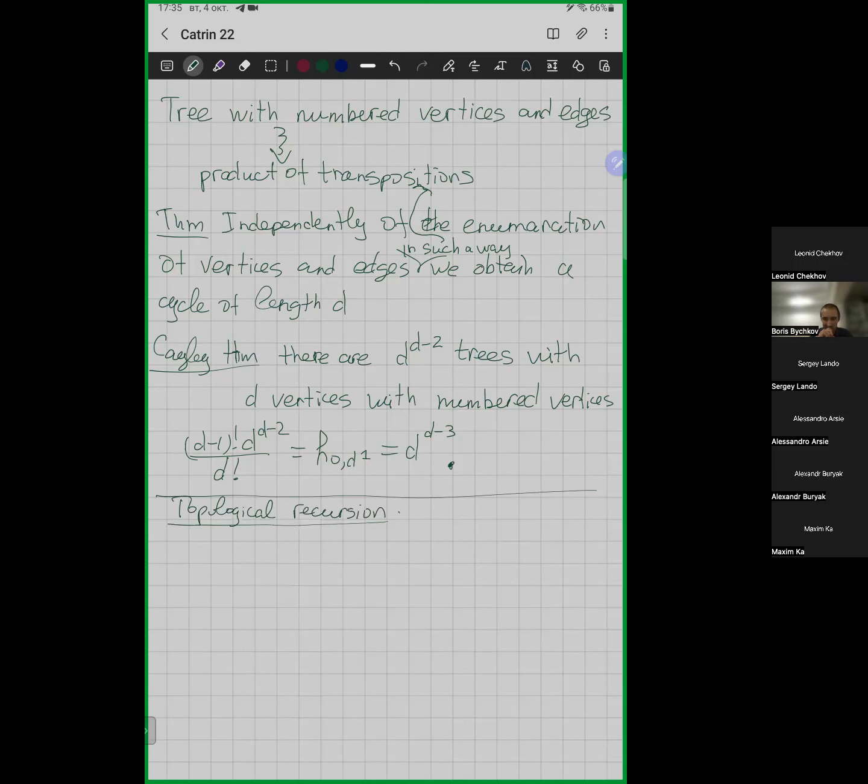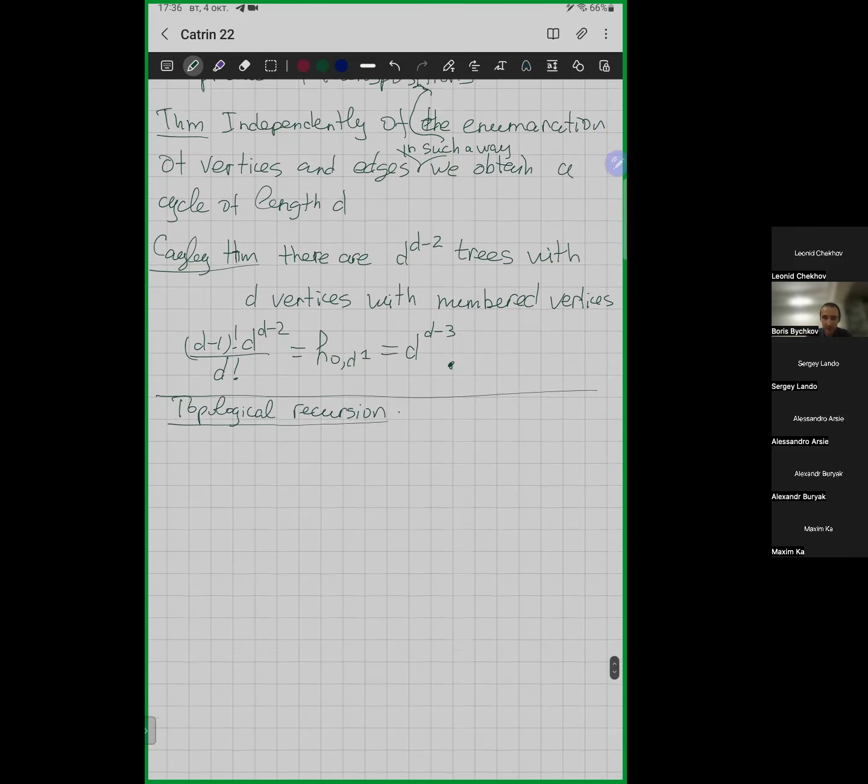It's a recursion, so there is initial data for this recursion, and the initial data is a spectral curve.